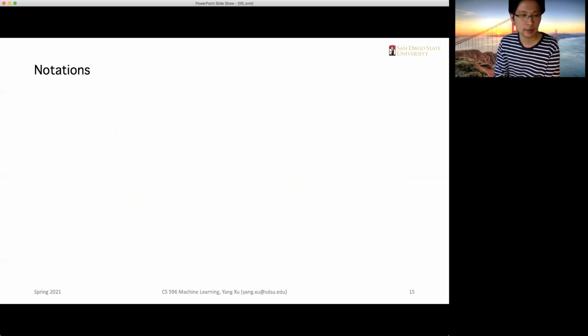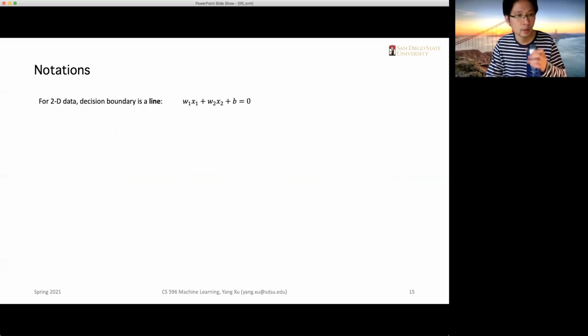Let's lay out some notations to define the margins, to define the distance from the most nearby data points to the boundary. We will use 2D data in this case, because it's easier to visualize.